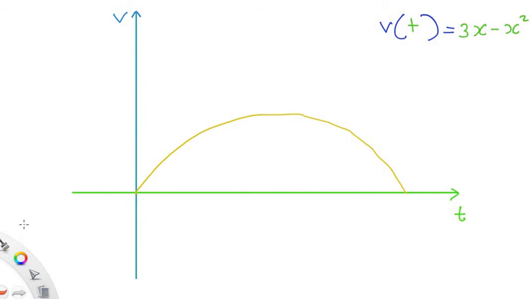I'll show how. We know that displacement is equal to velocity times time. If you don't know that, now you know that. So this equation tells us that the velocity times the time is equal to the displacement.